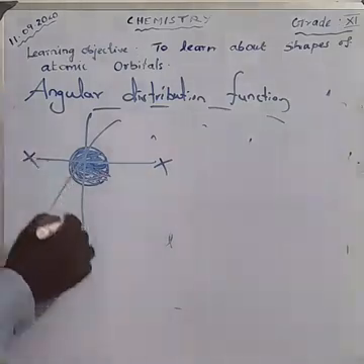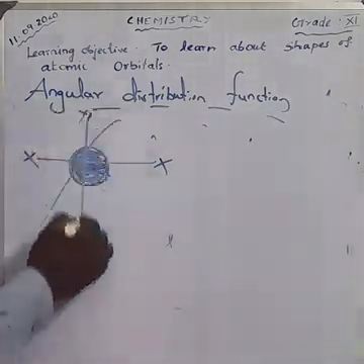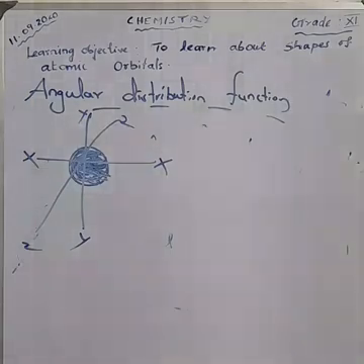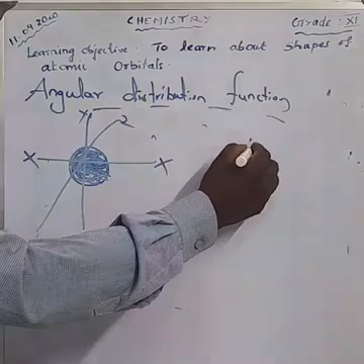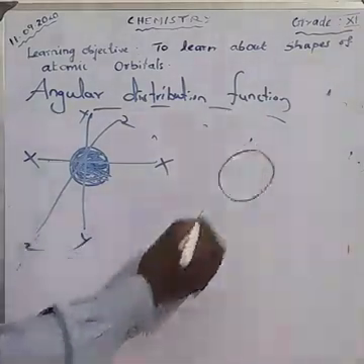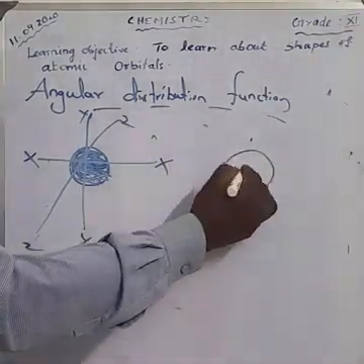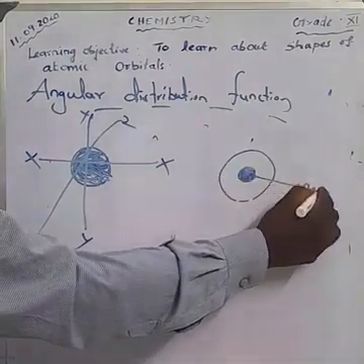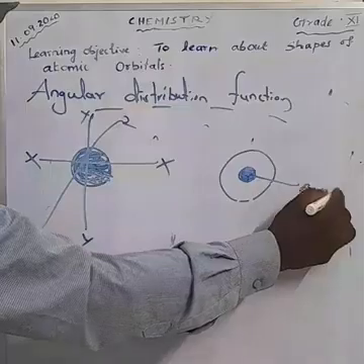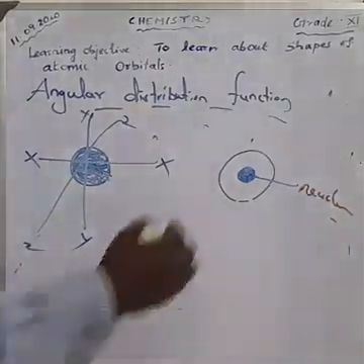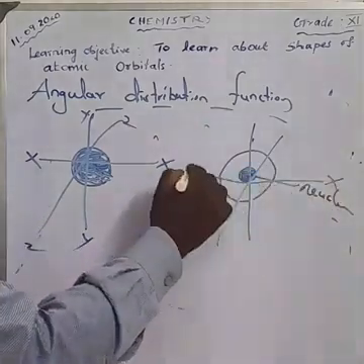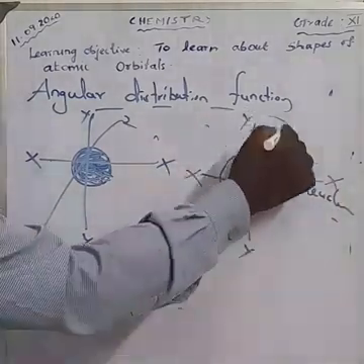X-axis, Y-axis, and Z-axis. Here, imagine this is the s orbital. In the center we have the nucleus. X, Y, and Z.